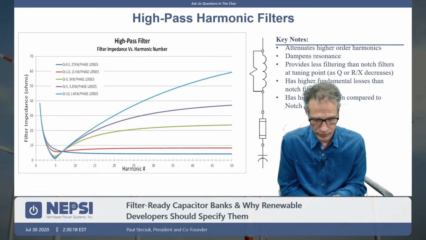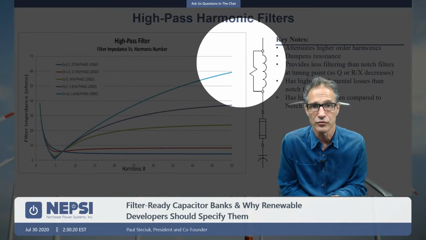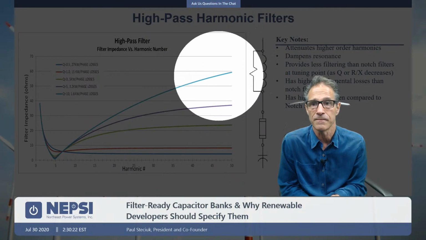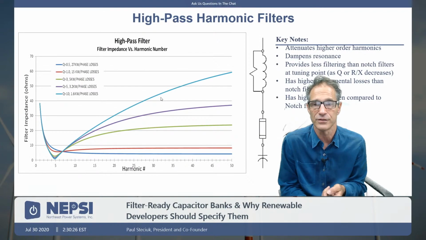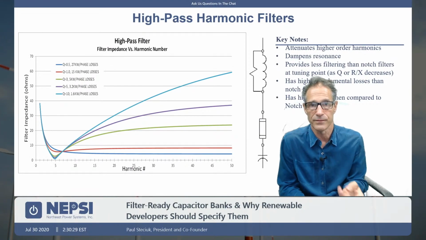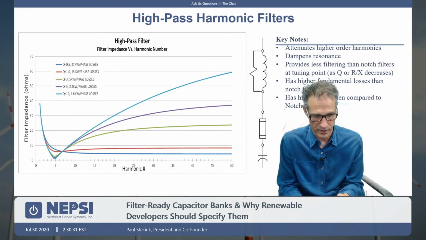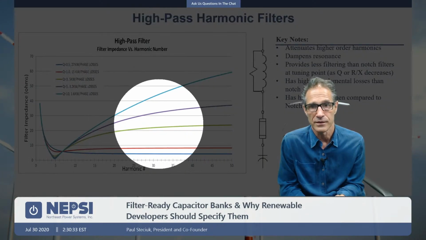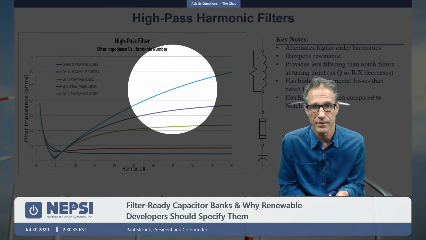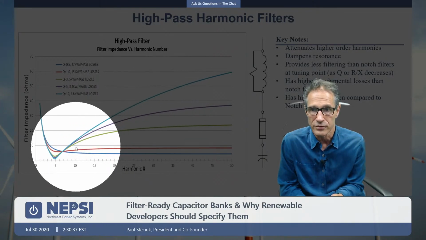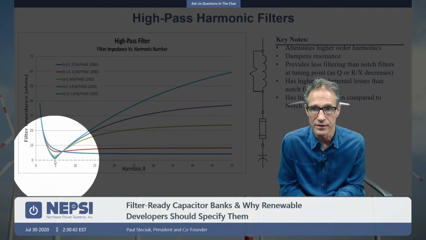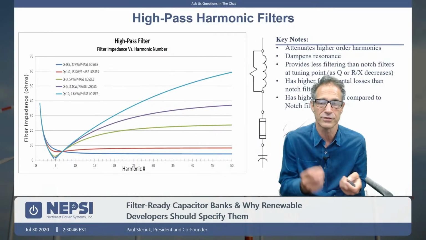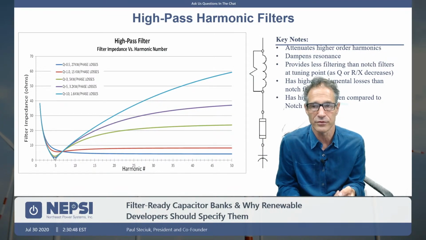The high pass filter, we can change the characteristic of the filter by changing the value of resistance here. And basically you can see that the characteristic of the filter can change. Basically as we bring the value of resistance down, we can change the high frequency response of the filter, and we can also change the characteristics of the filter at the tuning point. You can see here the bottom section of the curve, right where it almost touches the fifth harmonic, that resembles a notch filter.